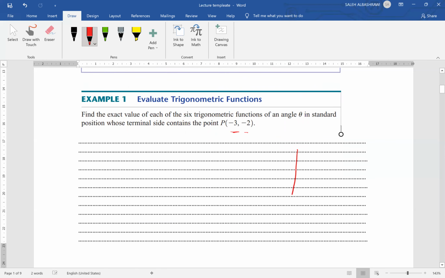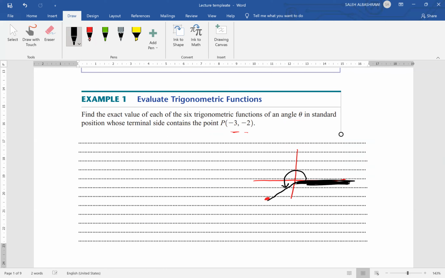So if this is the xy plane, and the point is (-3, -2), which is in the third quadrant. So this is the angle now. The initial side, all the time, is on the positive x-axis.